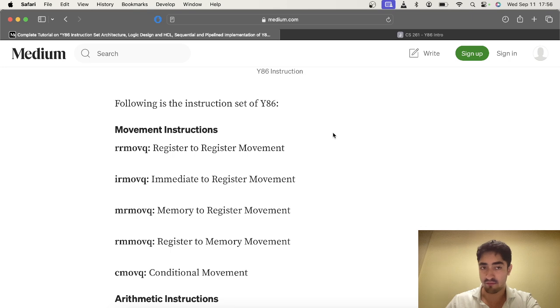Register to memory movement. Conditional movement. Oh, interesting, cmovq.